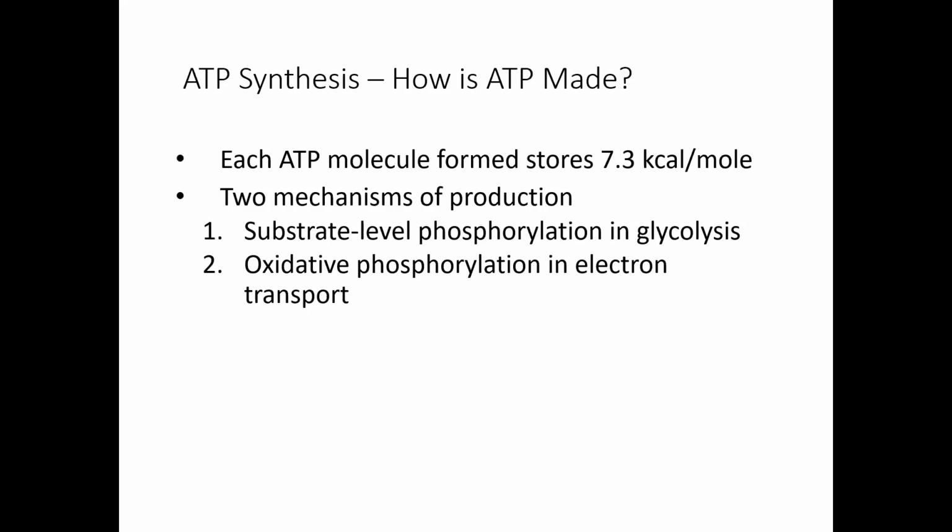Oxidative phosphorylation takes place in the mitochondria in electron transport, because here we have to use oxygen to grab the electrons when we're done with it. So the two types of ATP production are substrate level phosphorylation in glycolysis and oxidative phosphorylation in electron transport.